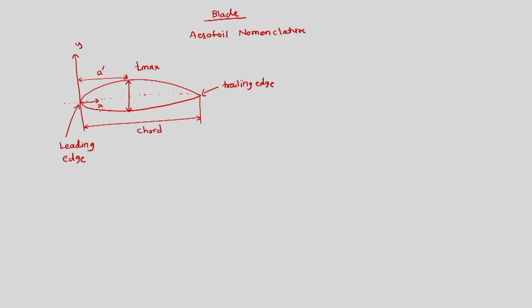So this x axis is basically defined as the x location divided by maximum x location, which is chord. So this axis is x by L. Parallelly, the y axis would also be normalized with L as y by L.